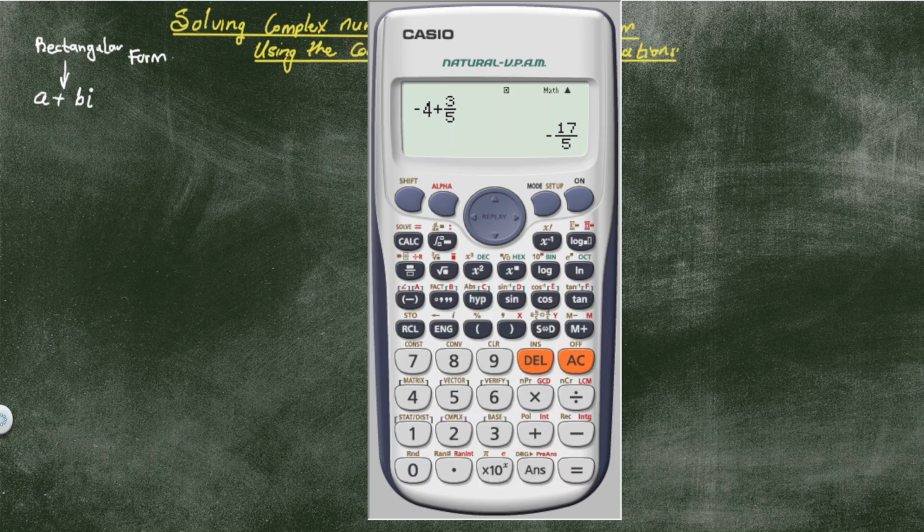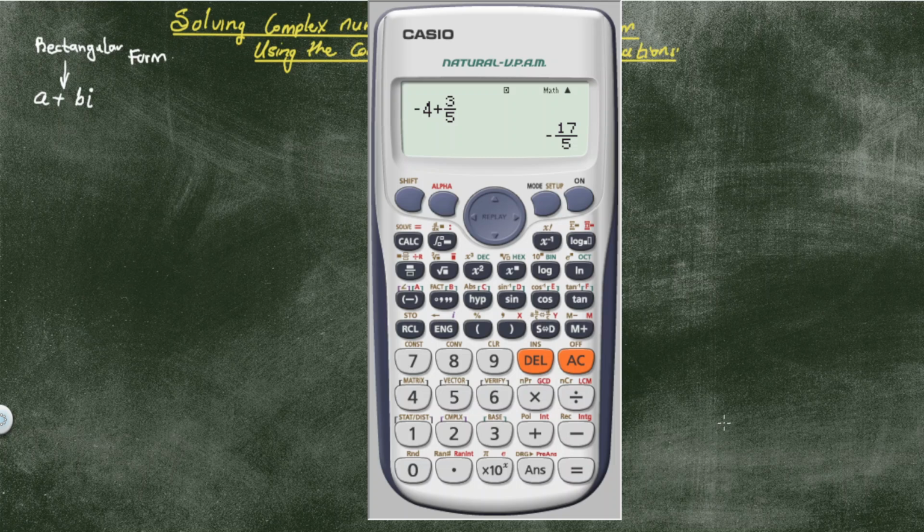The first one being the rectangular form. We also have the polar form, which is modulus cis argument, right? But we won't be discussing any equations involving the polar form. So we're going to be strictly focusing on the rectangular form type of simultaneous equations.